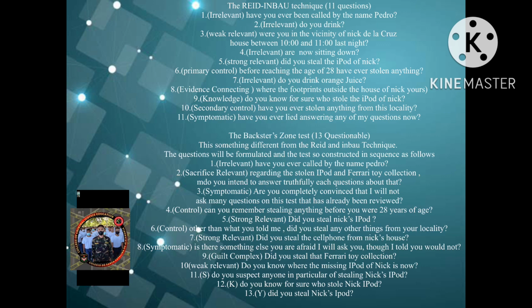Number 9 is knowledge. What is knowledge? It is a psychophysiological questioning technique that can be used as a part of the polygraph examination, whose purpose is to assess whether the suspect concealed guilty knowledge by measuring their physiological responses while responding during a series of the examination. So that is the knowledge. Secondary control.